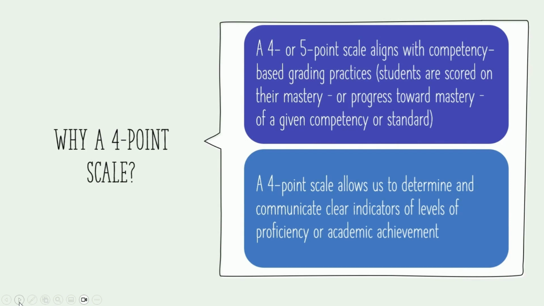A 4 or 5 point scale aligns best with competency-based grading, in which students are scored on their mastery or progress toward mastery of a given competency or standard. At Governor Wentworth and Middleton, we use a 4-point scale which allows us to determine and communicate clear indicators of levels of proficiency or academic achievement.